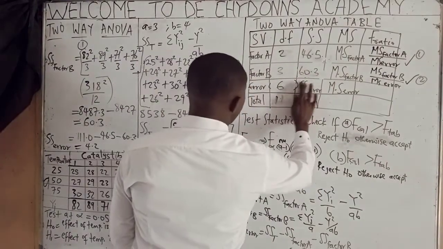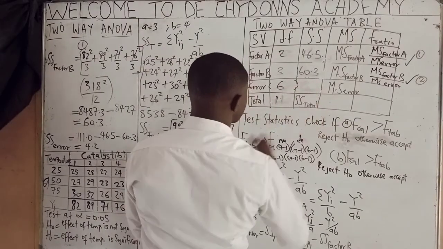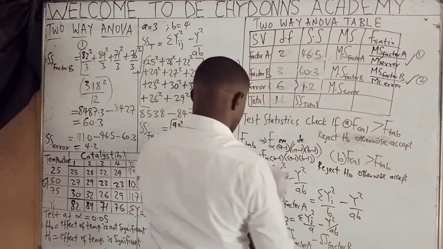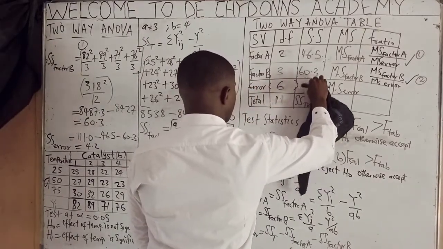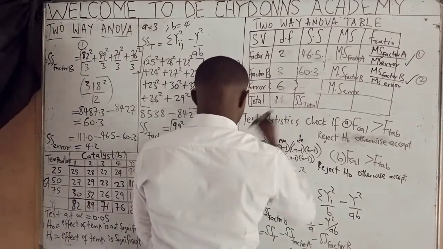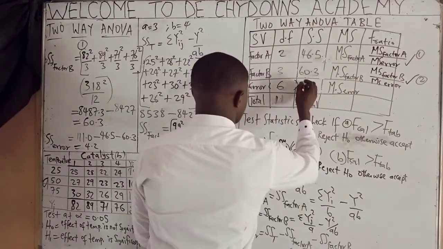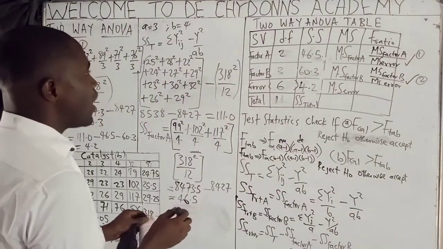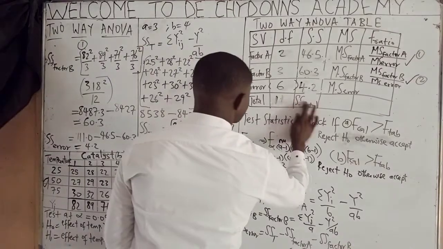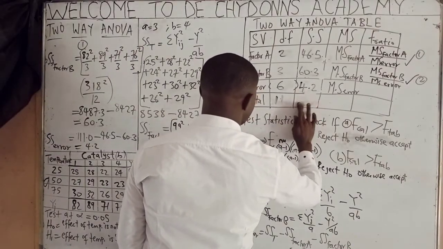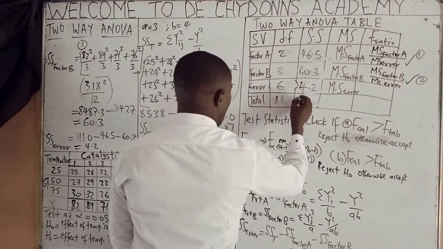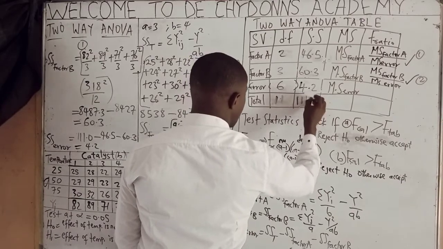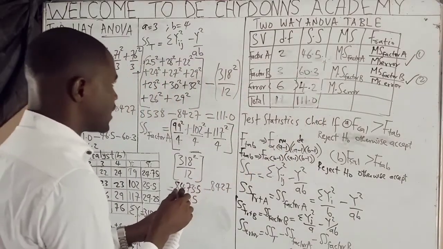SS error is what? 4.2. Then what is our SS total? Our SS total is 111.0. So when you add everything, it will give you that.